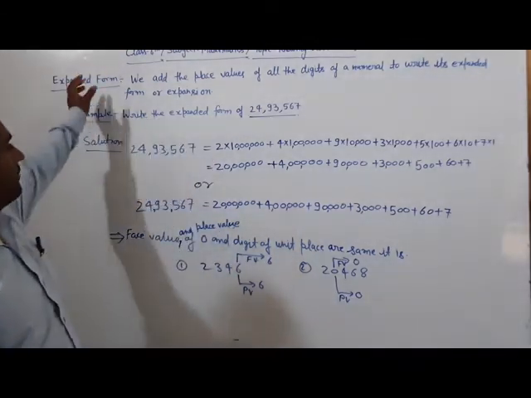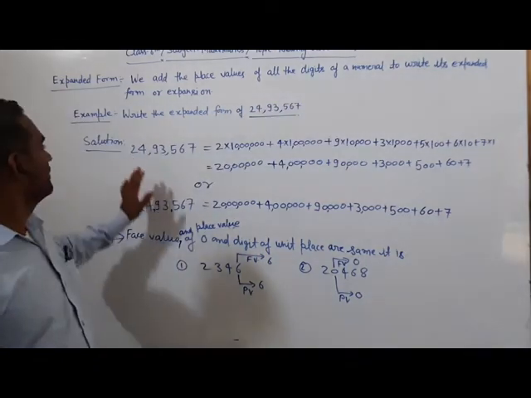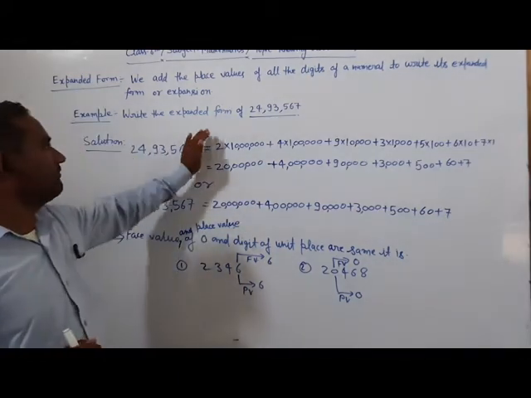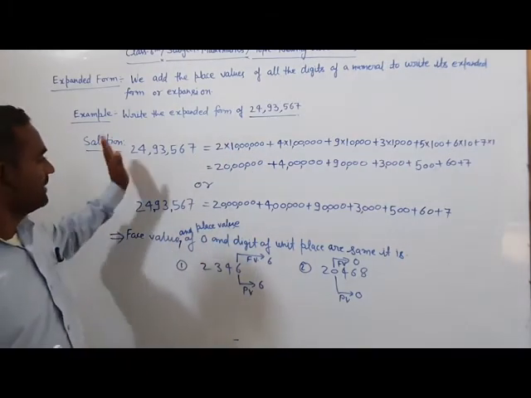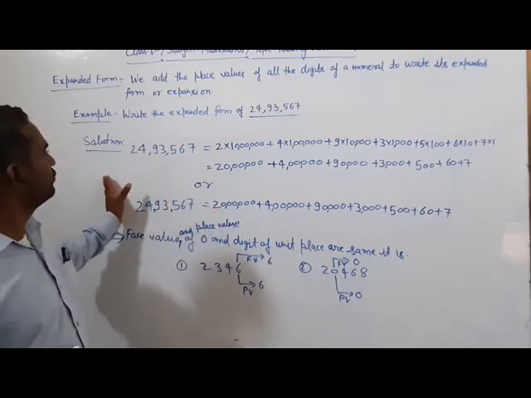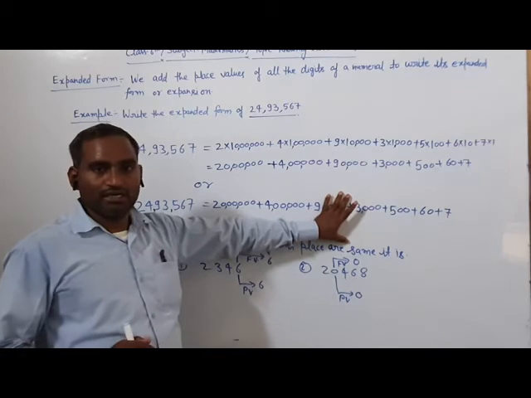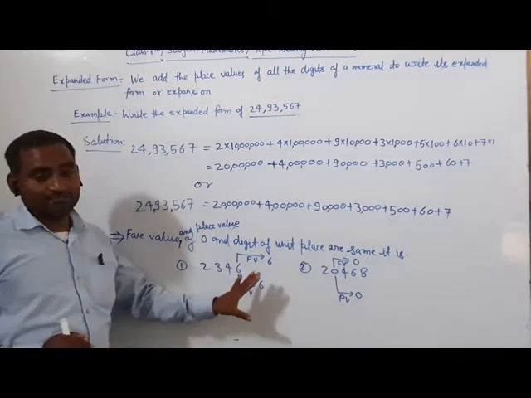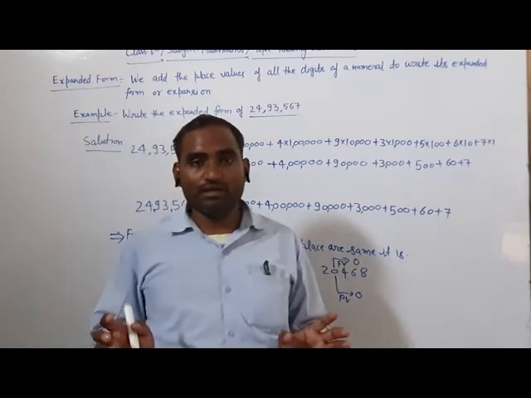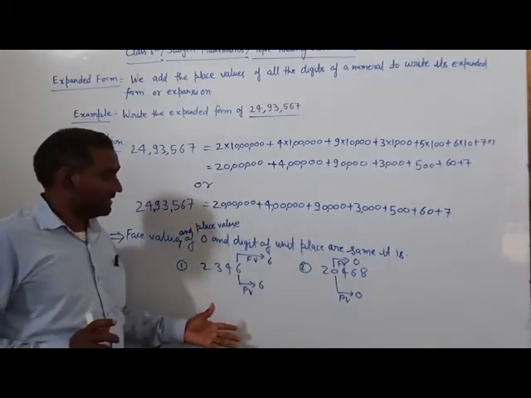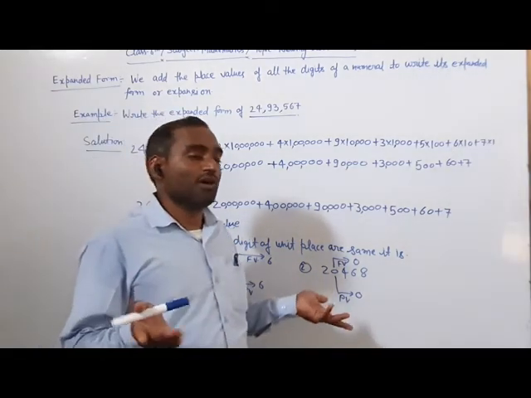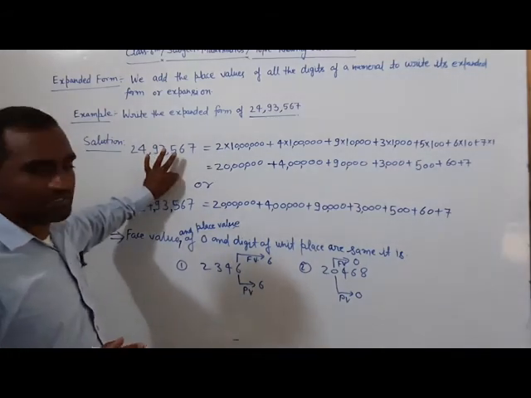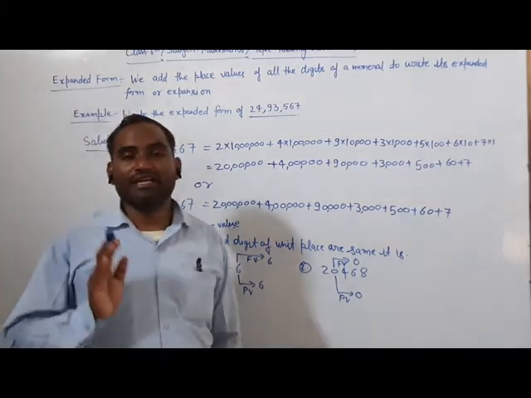So students, today we have studied the expanded form of any numeral: how to write it, and we have solved questions related to it. I also told you about face value and place value, when they are equal, and that when the digit is 0, both are 0.